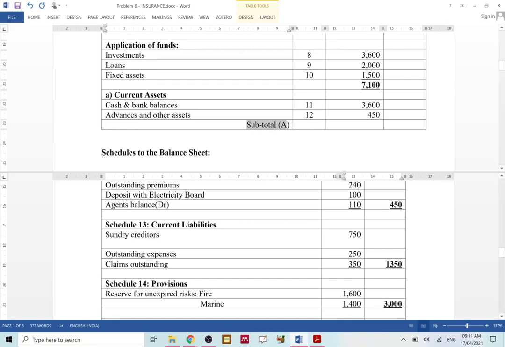Just for later calculations it becomes simpler because we want the net current assets, right? These are all long-term assets. Okay, and these are current assets and current liabilities. So what is the total of this? After adding up the two, you get 4,050.